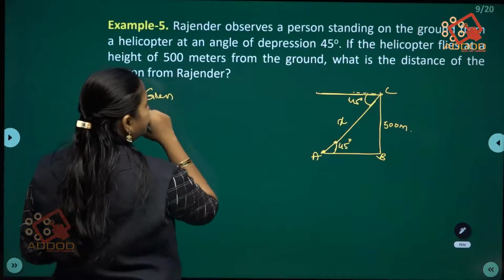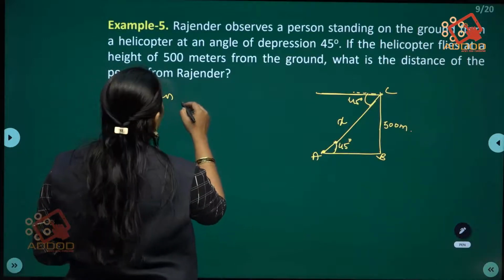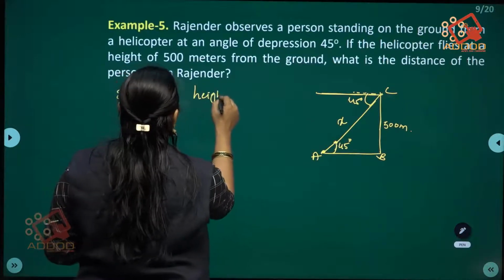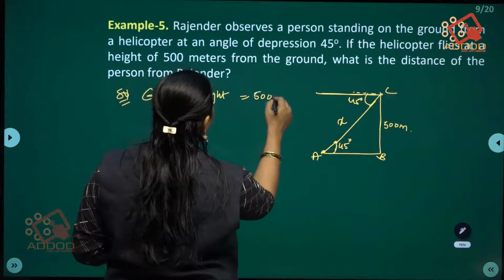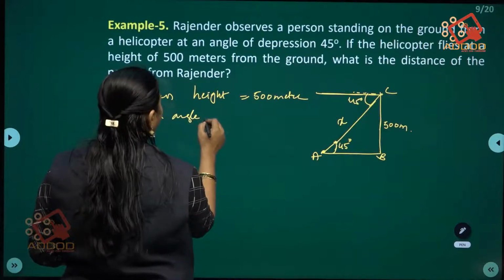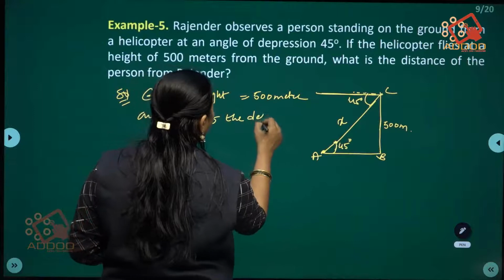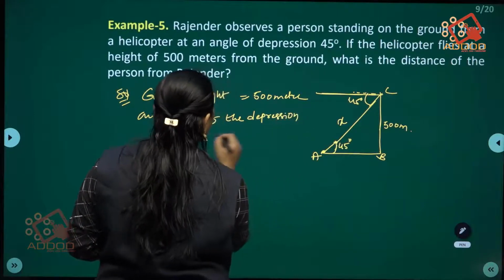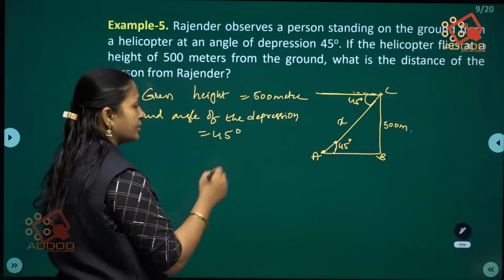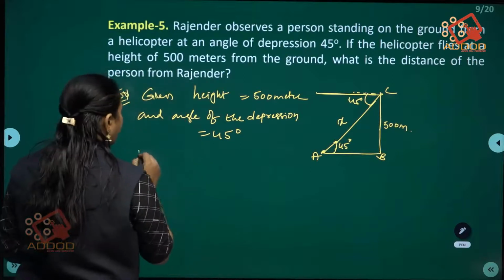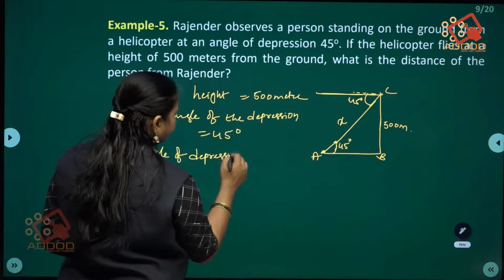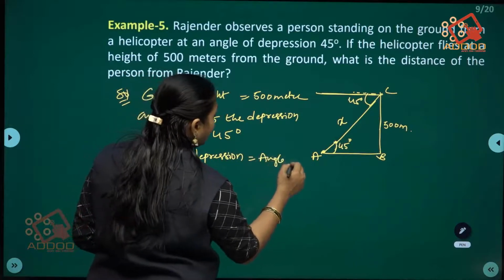Given height of the helicopter is equal to 500 meters and angle of depression is equal to 45 degrees. Let's find out what is the distance of the person from the Rajendra. Here angle of depression is equal to angle of elevation.